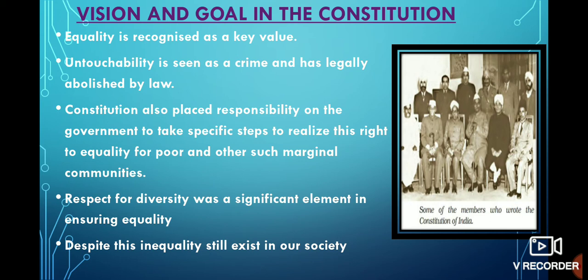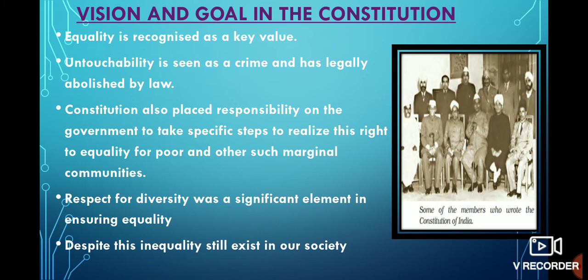Now we cannot call persons untouchables. If we do so, we will be punished by the government or law. The constitution also placed responsibility on the government to take specific steps to realize this right of equality for the poor and other marginal communities.